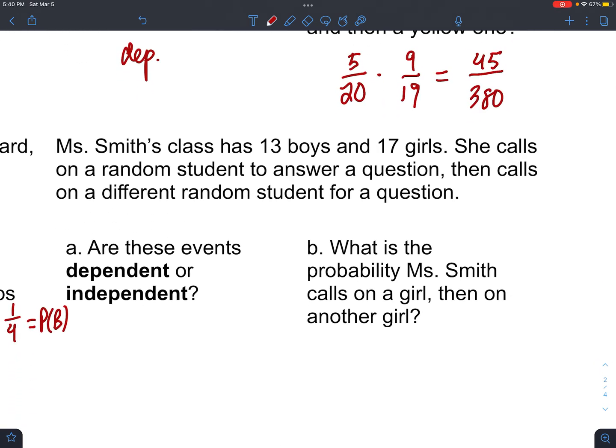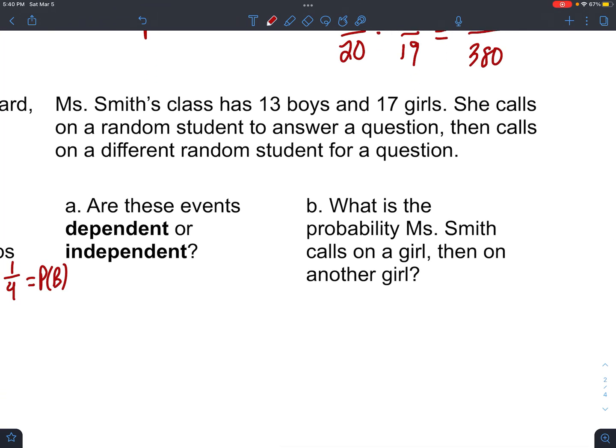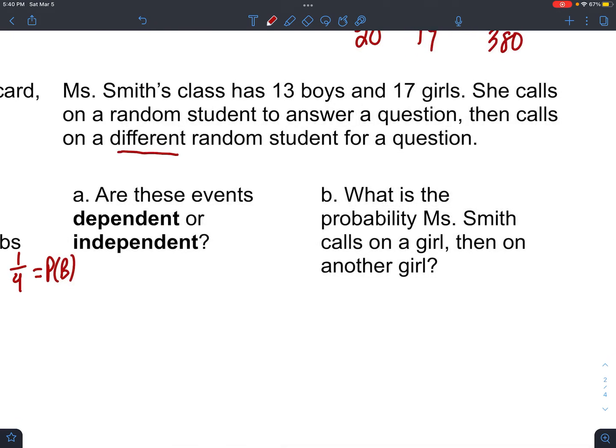So Miss Smith's class has 13 boys and 17 girls. And then she calls on a random student. And then she calls on a different random student. So whoever was picked to answer the first question is out of the running to pick the second one. And when that happens, that's dependent. Okay? So what's the probability that Miss Smith calls on a girl?